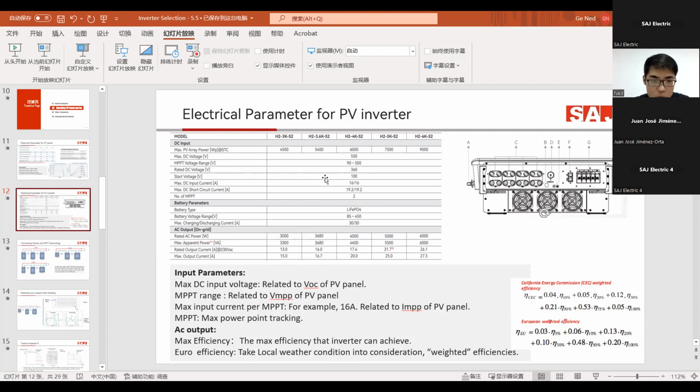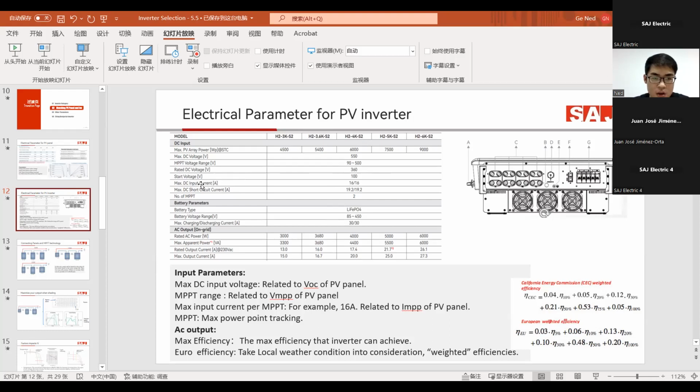Then is the rated DC voltage, and around this DC voltage, you will achieve the highest conversion efficiency of the inverter. And then is the start voltage: only when the connecting voltage is larger than 100 volts will this machine enter the standby mode.